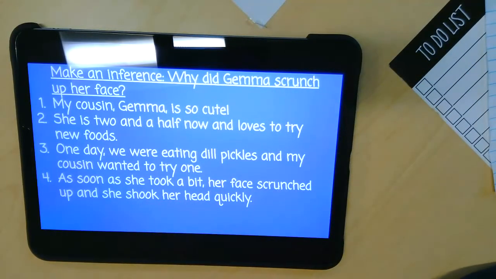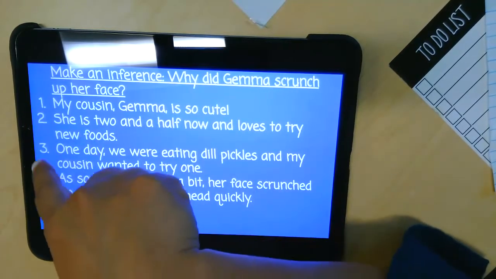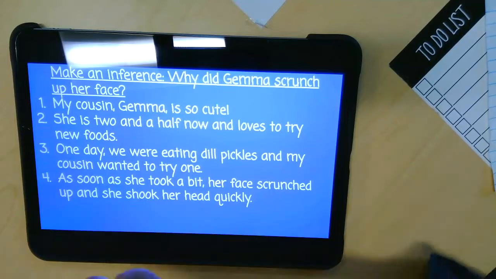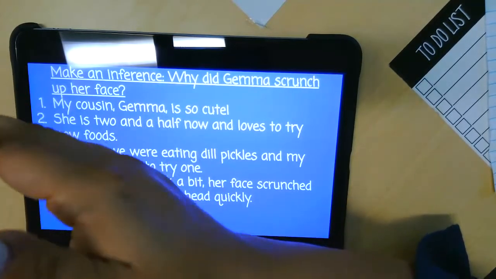And then you have to make sure you're using the other 2 sentence stems. So you would say, I think this because on line number, whatever line you want to use, you can use all 3 of them, or all 4 of them. You can use 2.